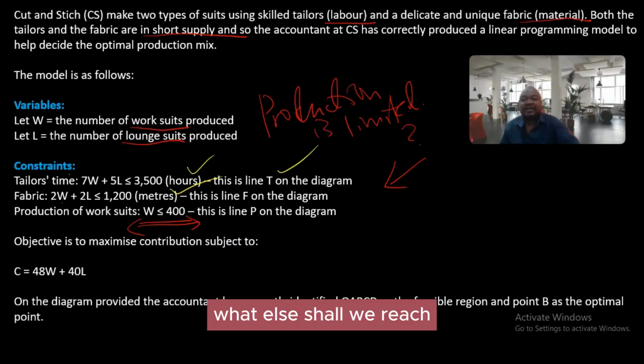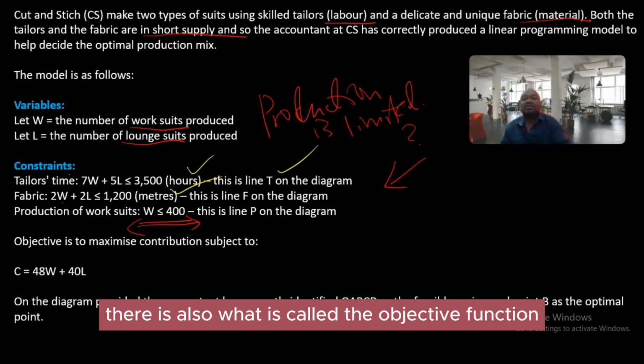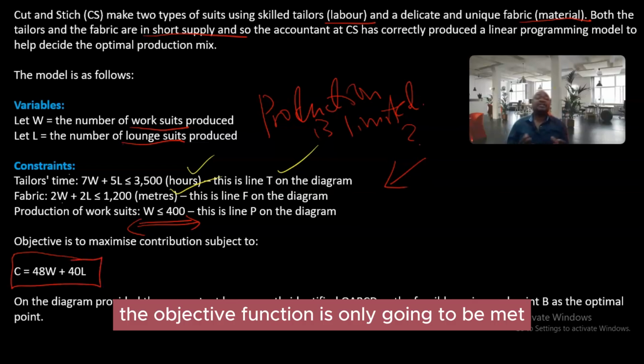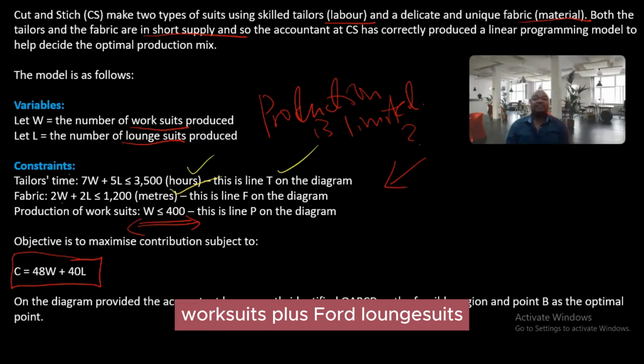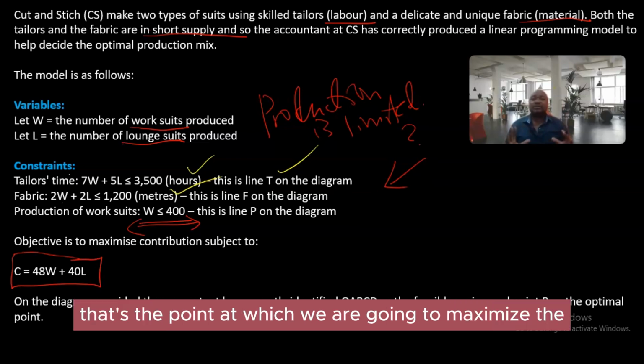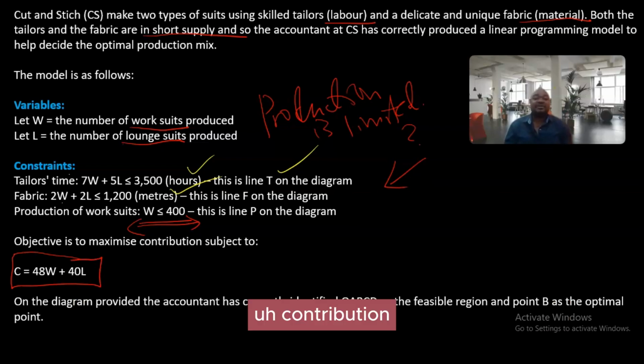What else shall we read? There is also what is called the objective function. The objective function is only going to be met if we make 48 work suits plus 4 launch suits. That's the objective function. That's the point at which we are going to maximize the contribution.